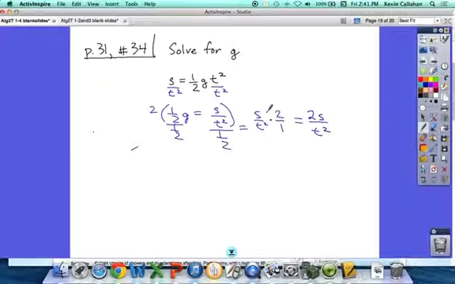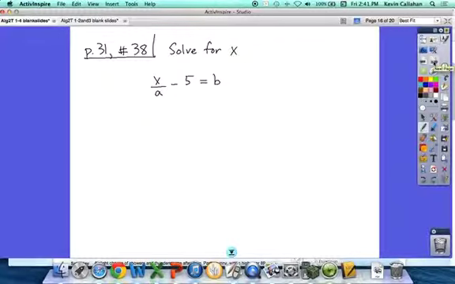You don't cross multiply. Good. Solve for x.